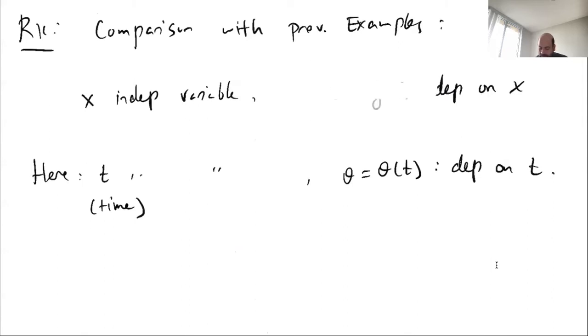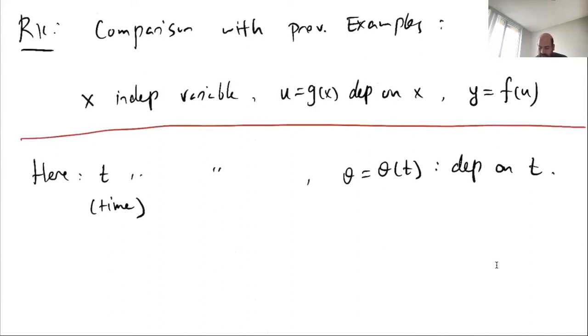I can write it here. Here, x independent variable, y function of x, y function of u.